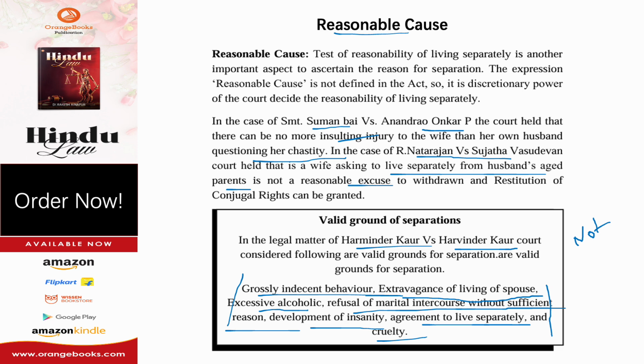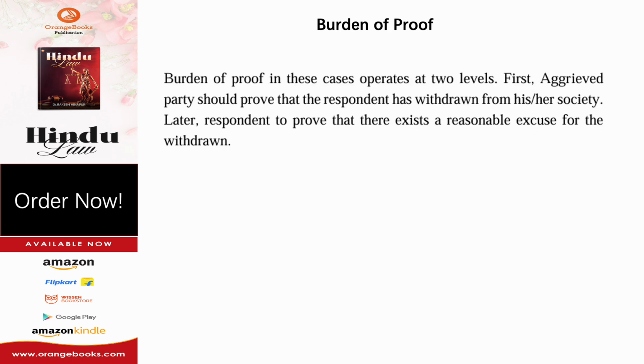It is the responsibility of husband and wife to take care of their old parents. So this is a detailed note on reasonable causes. The two important things: withdrawal from the society without valid, reasonable reasons. Only then does the court agree to separation. Otherwise, the court will give a decree for restitution of conjugal rights in favor of the aggrieved party.